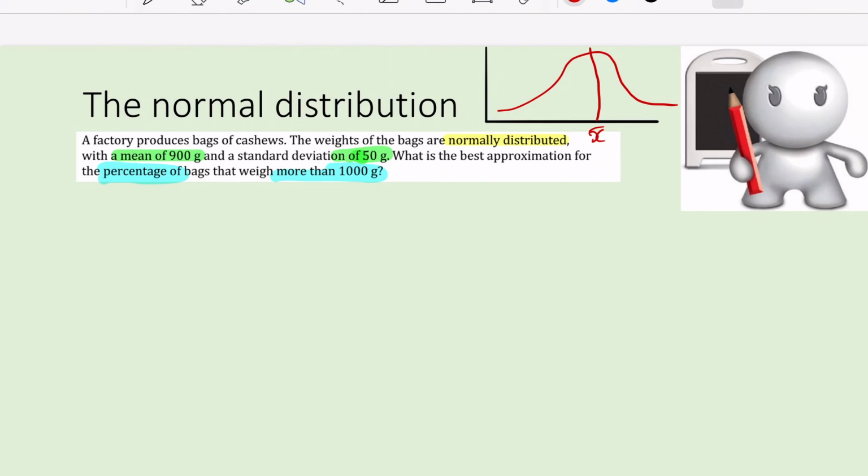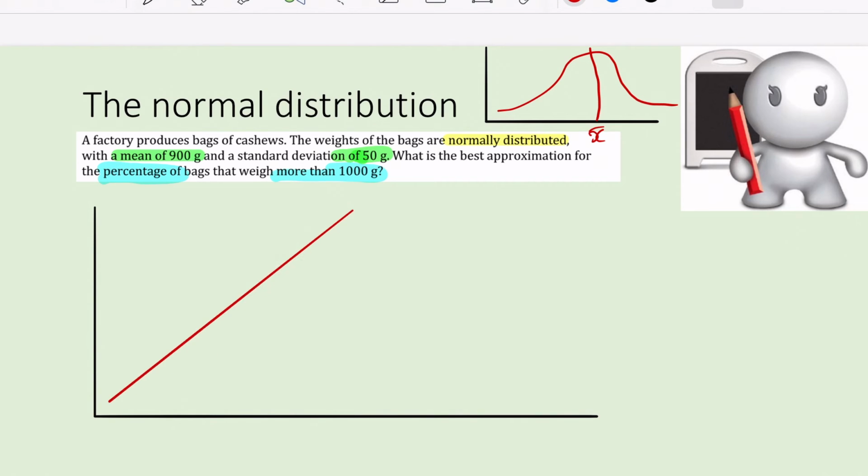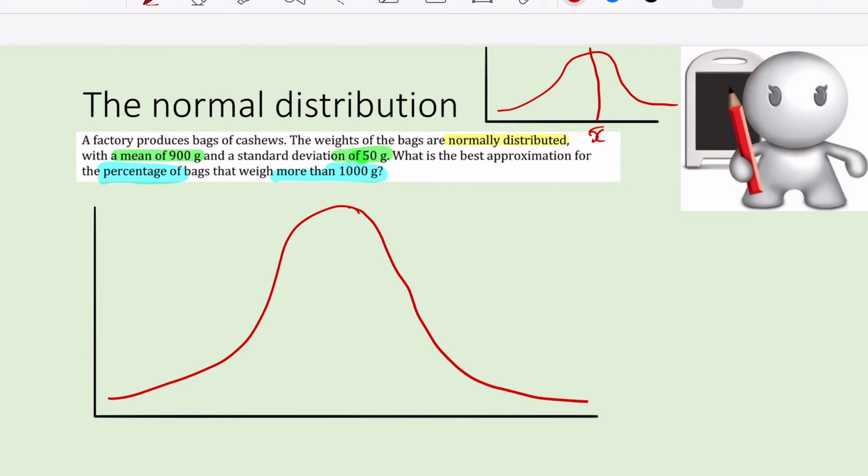Okay, so let's actually draw something up. So there's my graph. It's mentioning that it's normally distributed, so there's my bell curve.